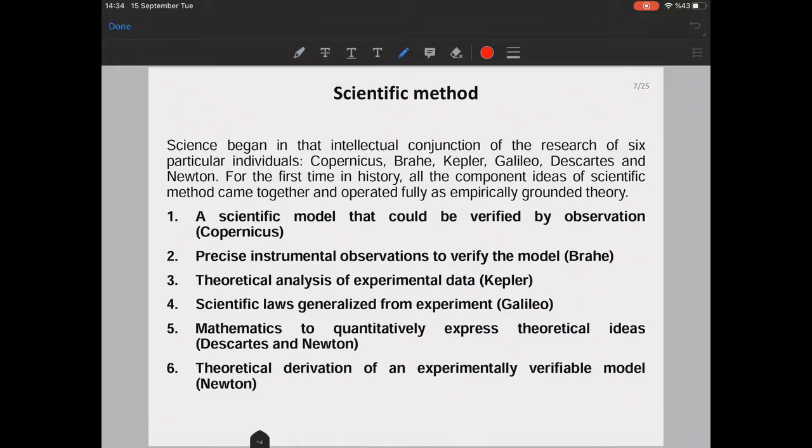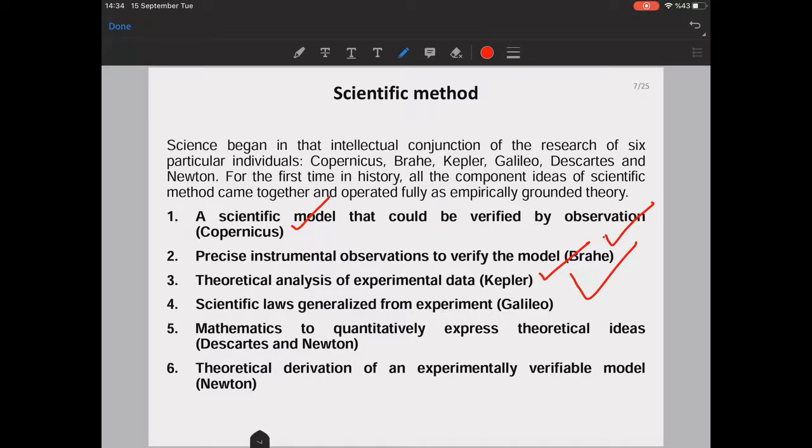A scientific model that could be verified by observation was proposed by Copernicus, and then precise instrumental observations to verify those models were carried out by Brahe. Theoretical analysis of experimental data was made by Kepler, and then scientific laws generalized from experiments were driven by Galilei.